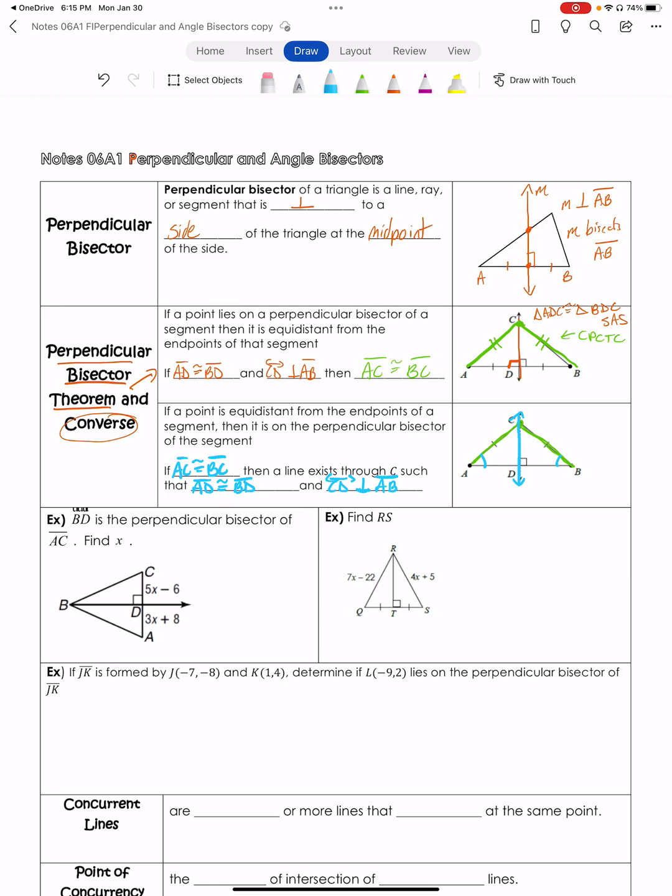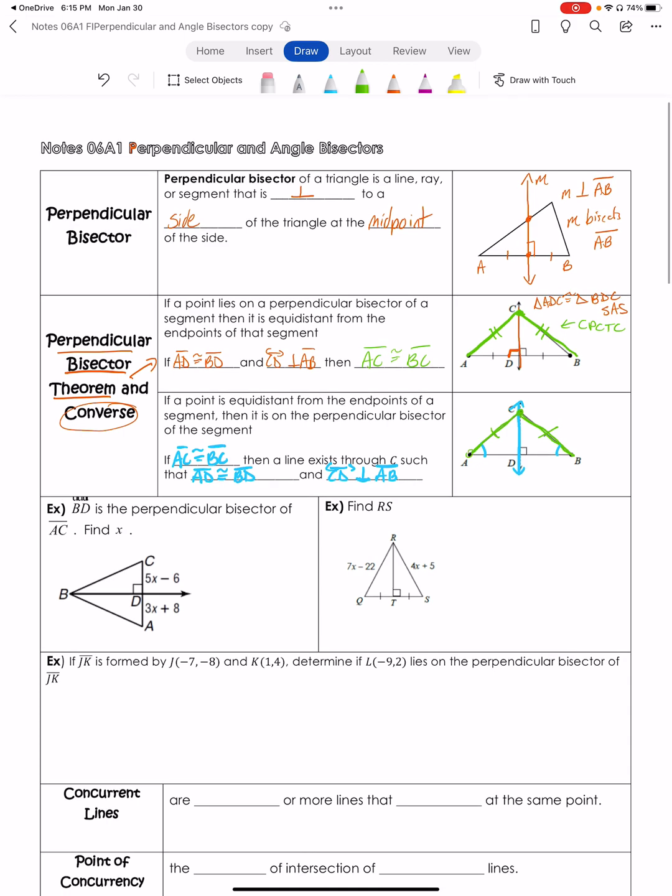Okay, so it just says that if these distances are the same from each endpoint, and I draw a line through it that is perpendicular, then it has to also be the bisector. So that's that.